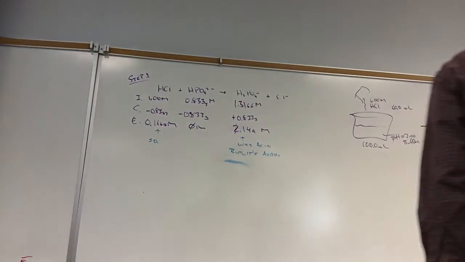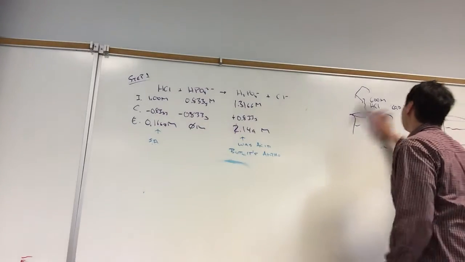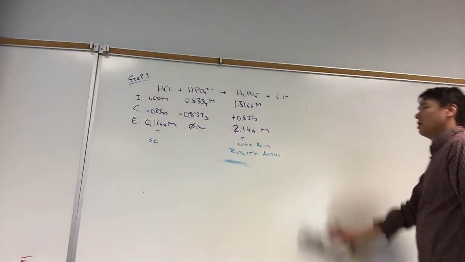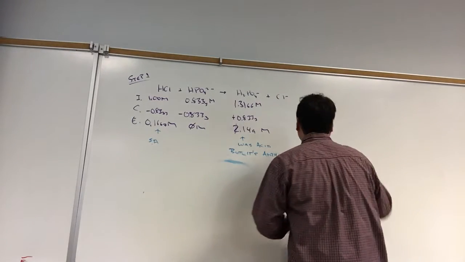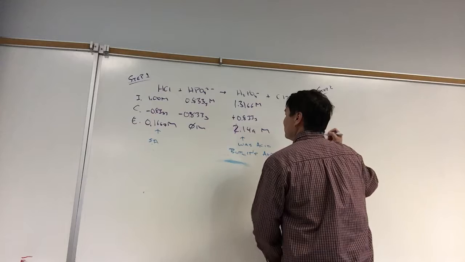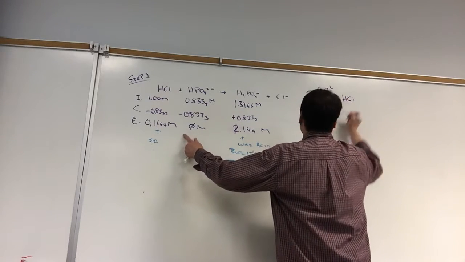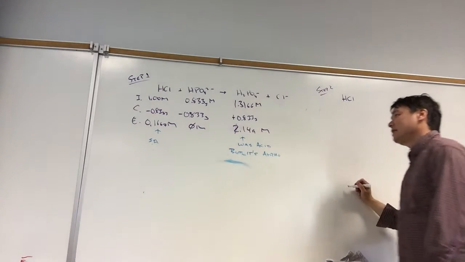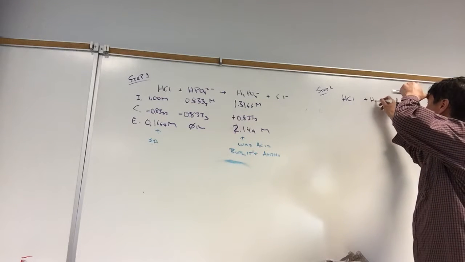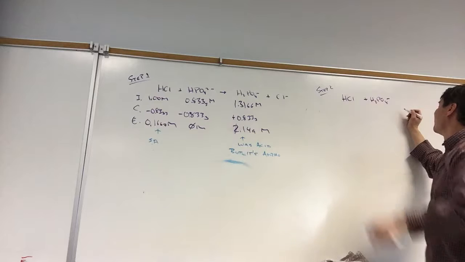The next step is we take the strongest acid and react that with the strongest base present. So it's always the same, strongest acid plus the strongest base present. Well, the strongest acid present is HCl, but now the strongest base that's going to be present will be H2PO4 minus.